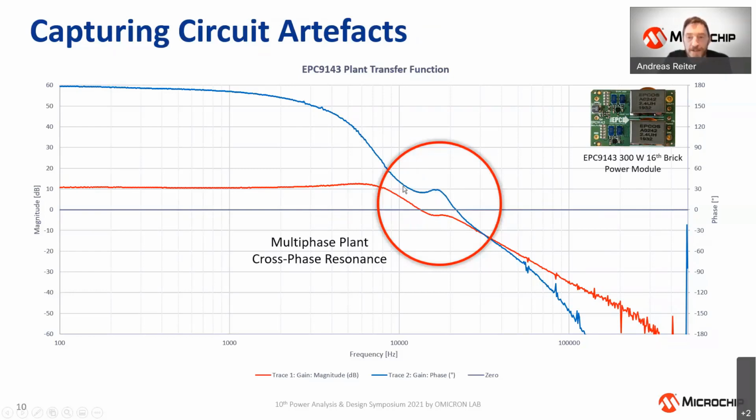And eventually it turns out that this is yet another complex conjugate pole at twice the resonant frequency. And this is a quite nasty thing because it kind of interfered with the target crossover frequency. So this became a real bandwidth limitation. And there was hardly anything you can do about it because, again, the impedance at this point was so extremely low that hardly any poles and zeros of the compensation network showed any effect.